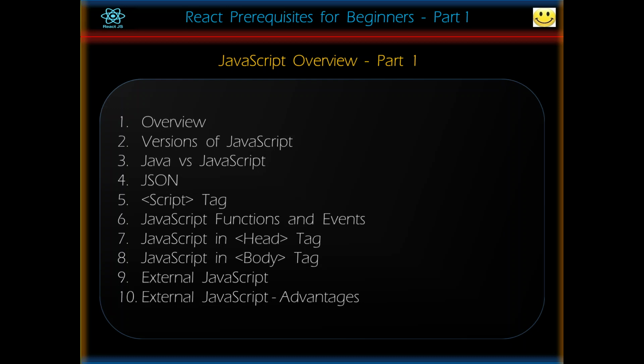In this lecture, we will learn about overview of JavaScript, versions of JavaScript, Java versus JavaScript, JSON, script tag, JavaScript functions and events, JavaScript in head tag, JavaScript in body tag, external JavaScript advantages.